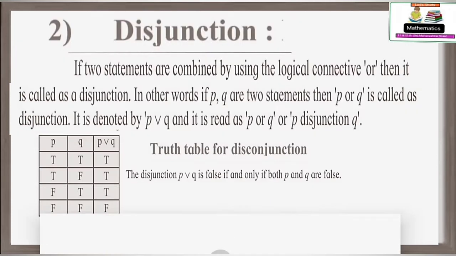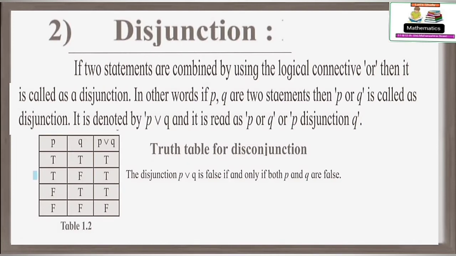Second, if the first statement is true and the second is false, then P disjunction Q is true. Third, if P is false and Q is true, then P disjunction Q is true. Last, if P is false and Q is false, then the disjunction is false.